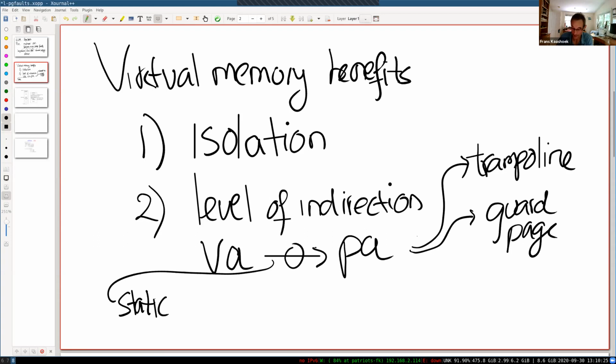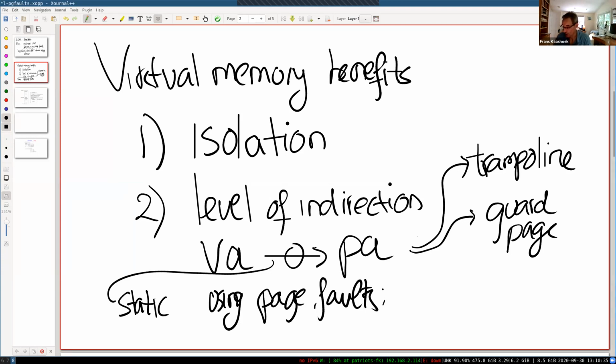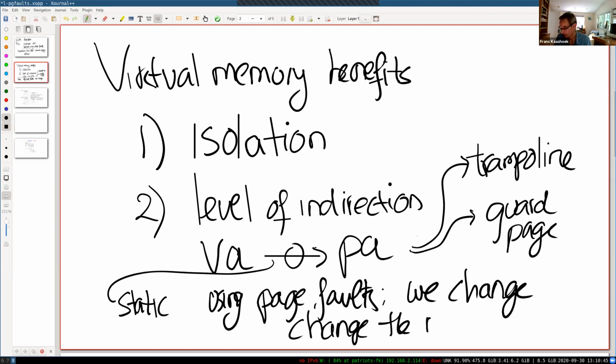What page faults give us is the ability to make this mapping dynamic. Using page faults, the kernel can change the mapping dynamically, on the fly. This turns out to be an extremely powerful mechanism.